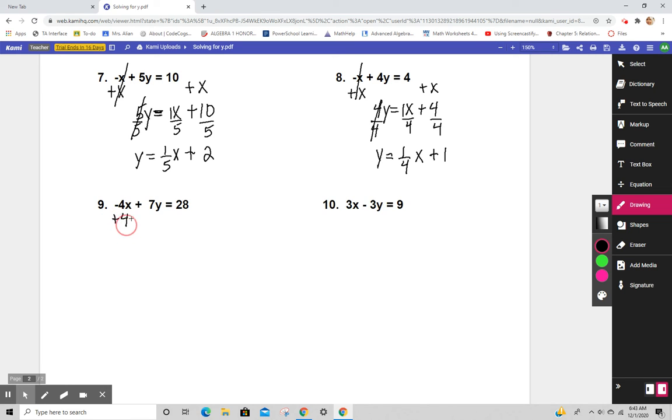Add 4x to both sides. You'll have 7y equals 4x plus 28. Divide through by 7. And you'll get y equals 4/7 x plus 4.